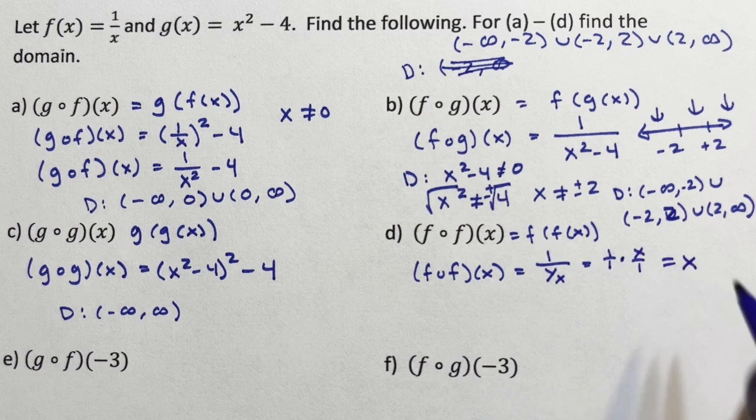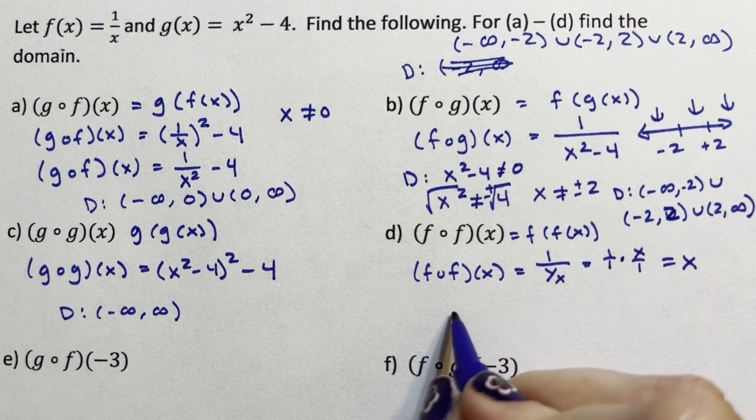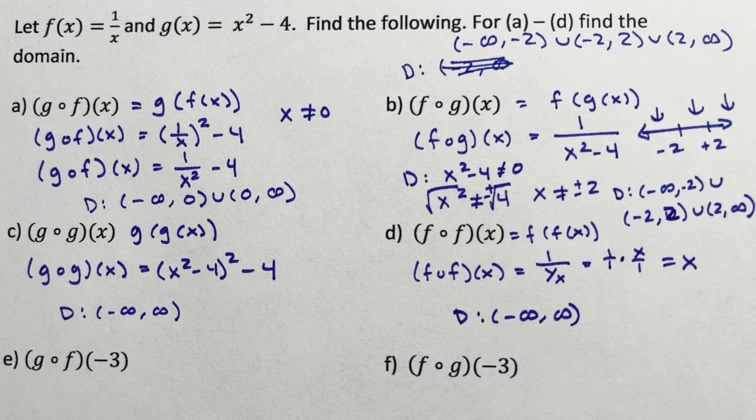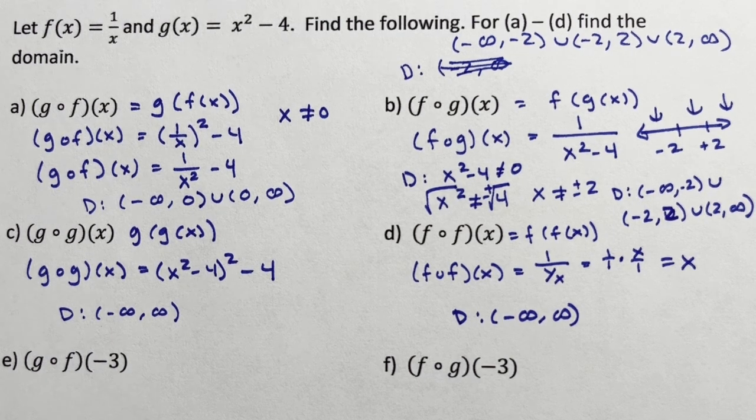I'm just going to get x, which really simplifies nicely. C and D ended up, C looks ugly, but has a simple domain. D, it's x. I mean, it doesn't really get easier than that.